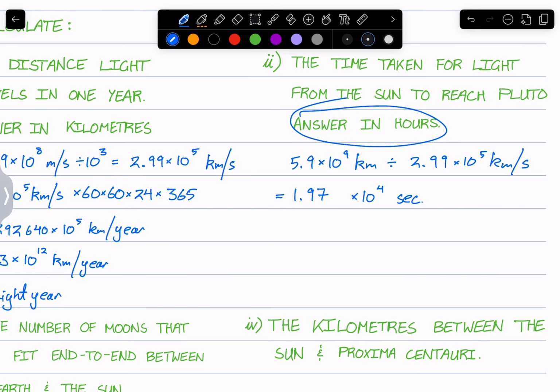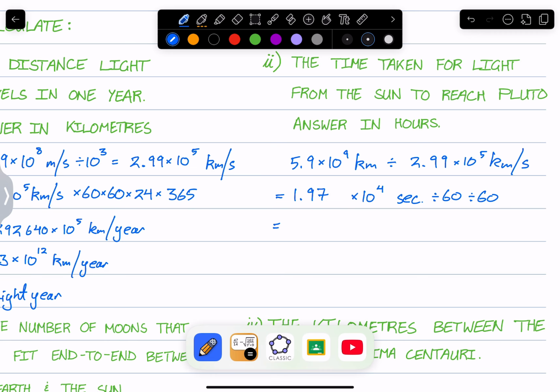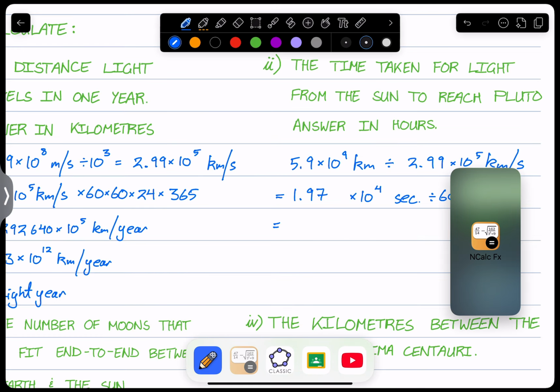Well, the question is asking us in hours. So if we divide this by 60, that will give us minutes. But then if we divide by 60 again, that will give us the hours. So let's calculate that one.